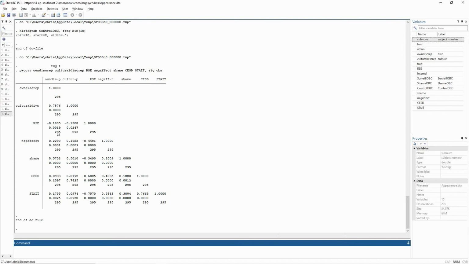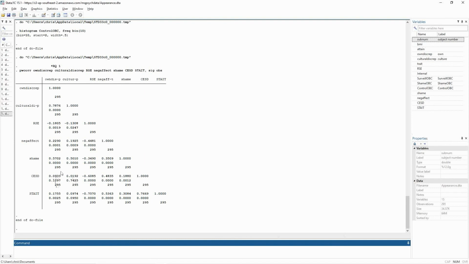So that's lower than 0.05, so I'd say this is a significant negative relationship that's probably very, very weak. The same can be said here for cultural discrepancy with self-esteem. And then if I look at negative affect, again I have two very weak relationships that are both significant, but they're now in positive directions, whereas self-esteem was negative. Here I have moderate positive relationships between shame and discrepancies.